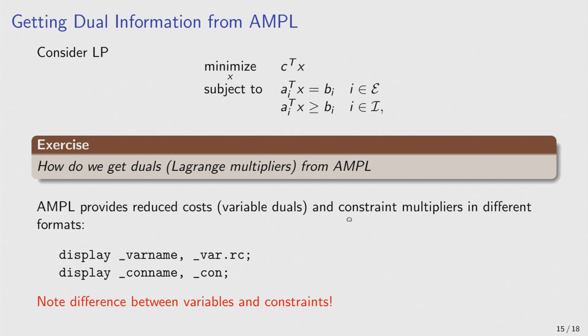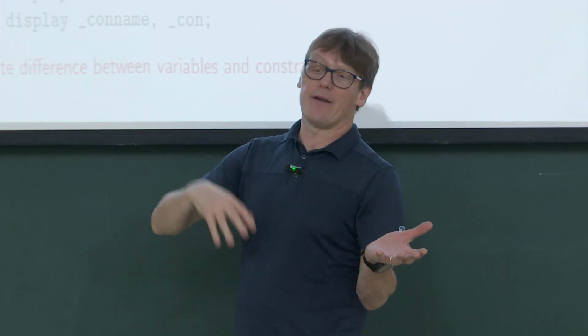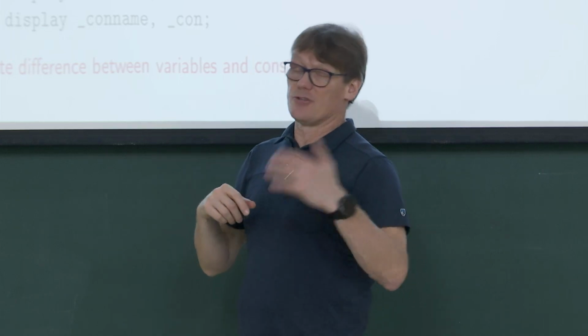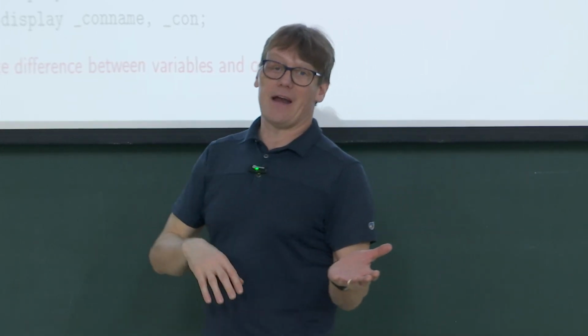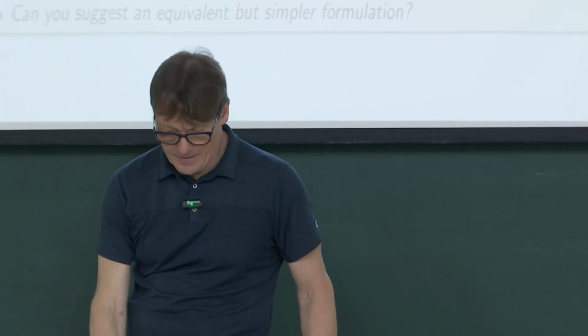For a constraint, to get the value, you use con.val. To get the multiplier, you just tell it you want con. It actually makes sense, because for constraints you're looking at multipliers, so they're the dual variables, and variables are the primal variables. So it's kind of consistent in that sense.